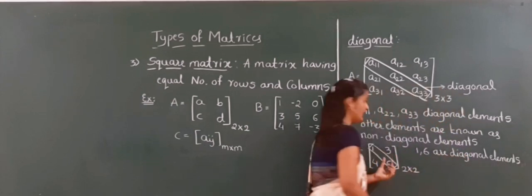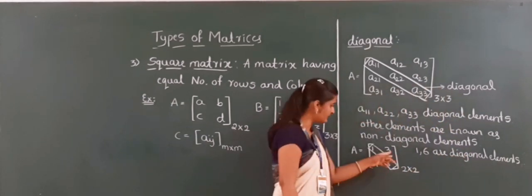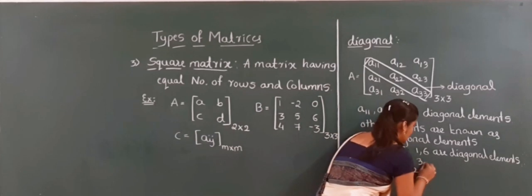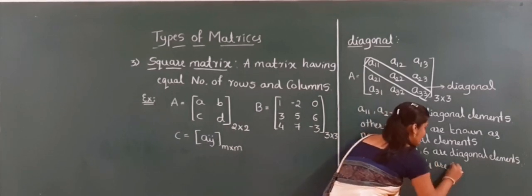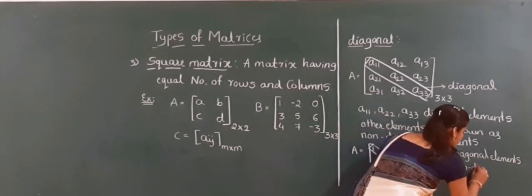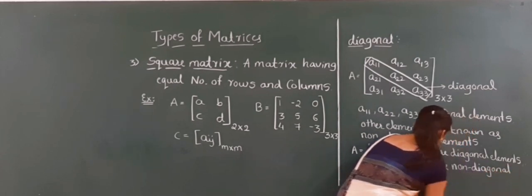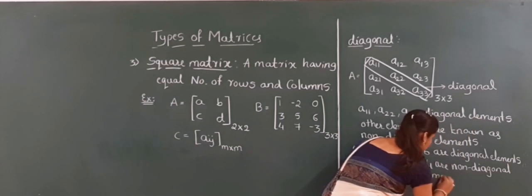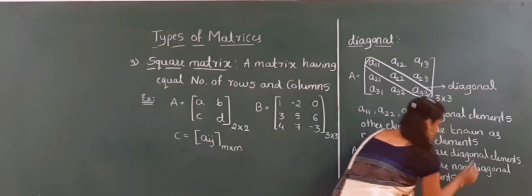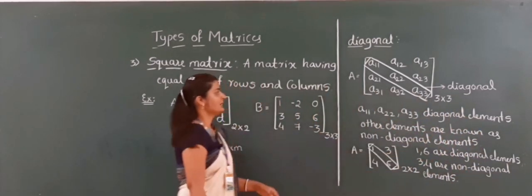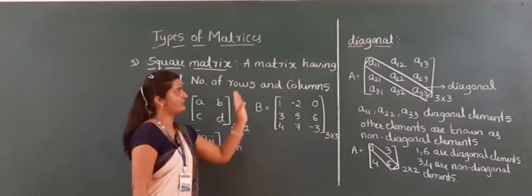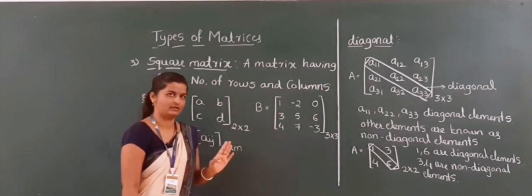And the elements other than diagonal elements, that is 3, 4, are non-diagonal elements. Okay? So, in a square matrix, we can have diagonal elements and non-diagonal elements.